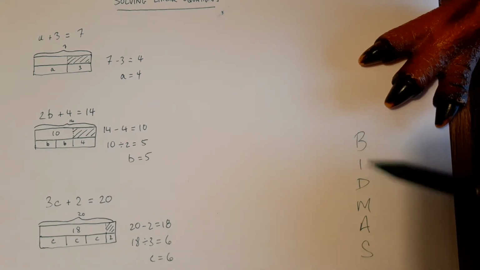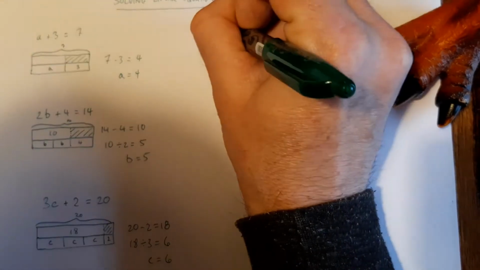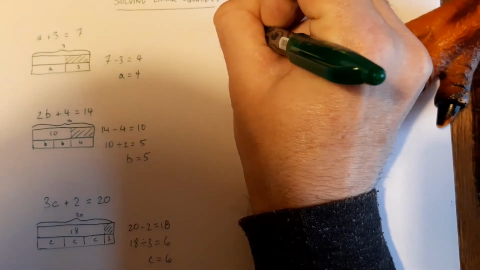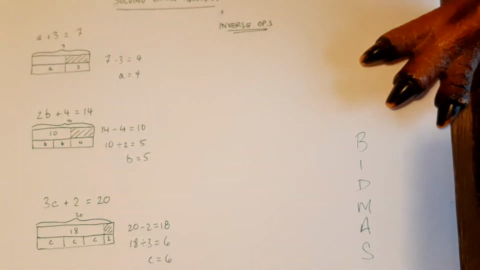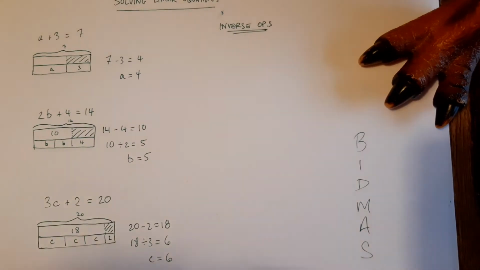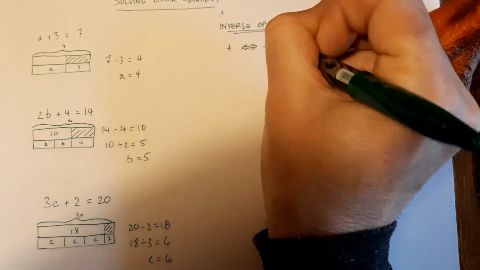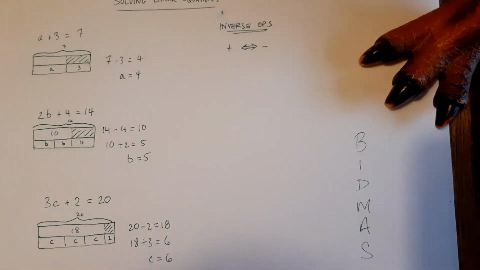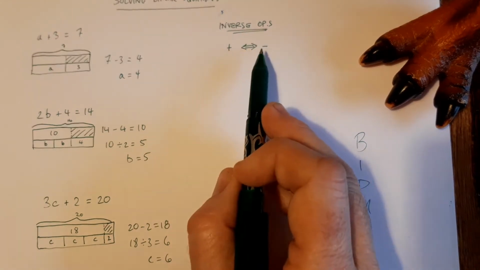Because we're working backwards, everything switches signs. We get these inverse operations, which is pretty handy to have straight away, so I'm going to put them here. Inverse operations: an add and a subtract are inverse to each other, so when we're solving we switch them back and forth, doing the opposite of normal.